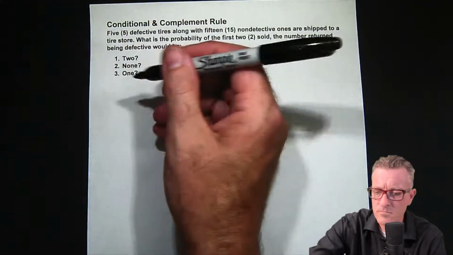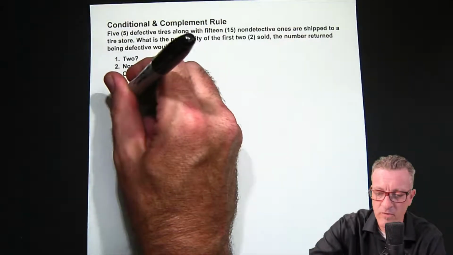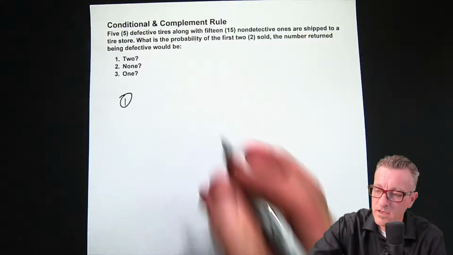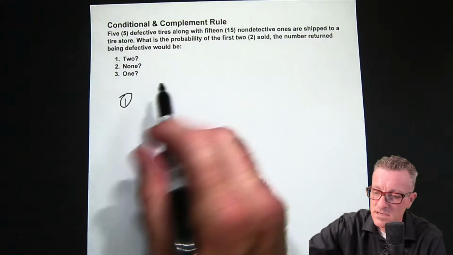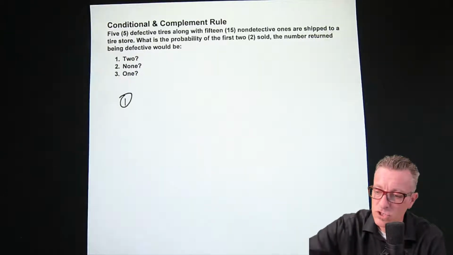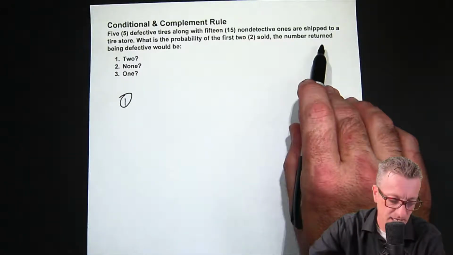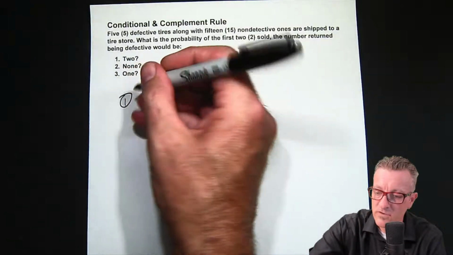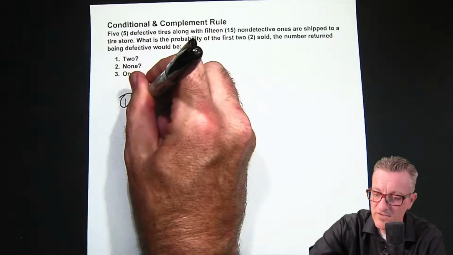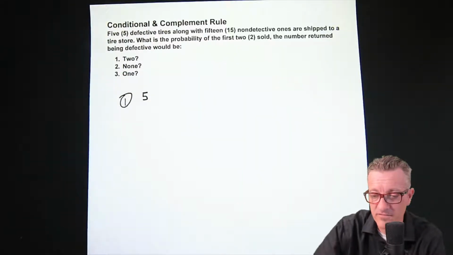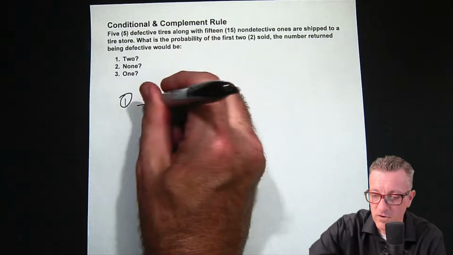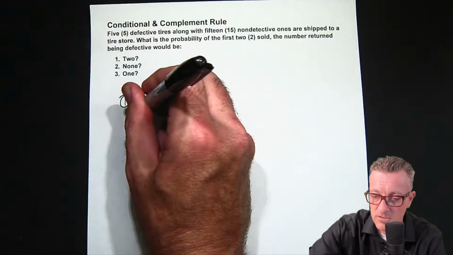Okay. So for number 1, what we're looking for is 2 being returned for defective. So in this case, we do 5, because we have 5 defective, over 20 total tires.